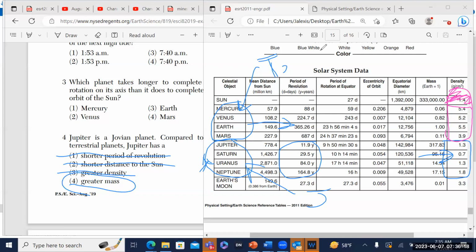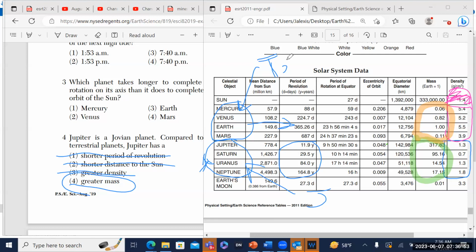If you take a look at the mass of Jovian planets, we see right here the masses are 317, 95, 14, and 17, right? And then when we take a look at the terrestrial planets, all of them are 1 or less. So that's why choice 4 is the correct answer.